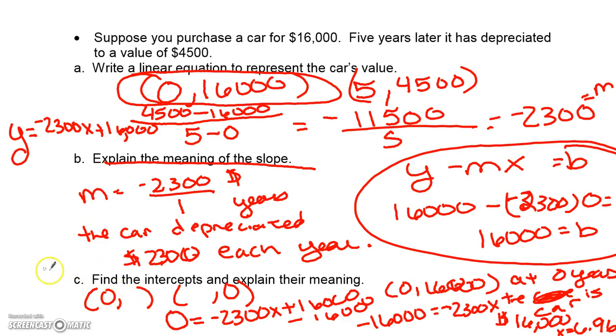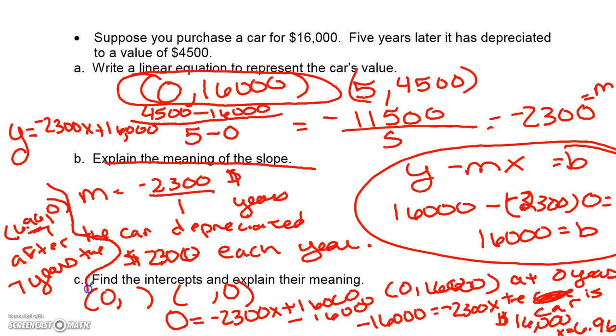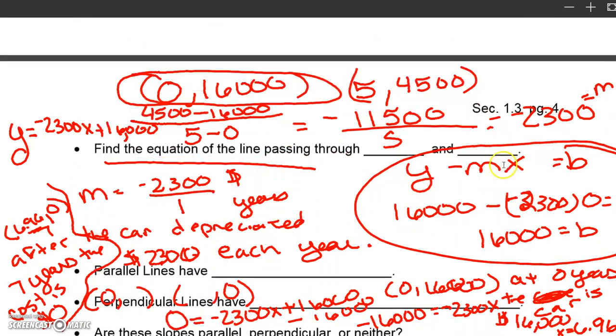So our x-intercept is 6.96. So we could say after, say, 7 years, the car cost is $0. If you need any more explanation on these, I'll be glad to cover them again in class.